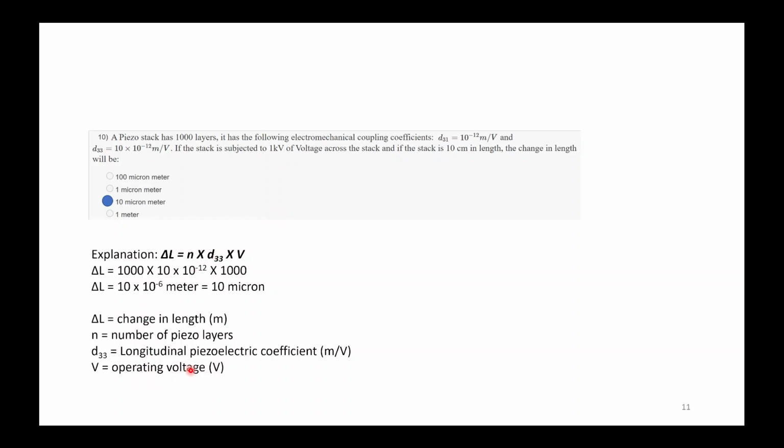So we can put in the values of all these three and obtain delta L. N is 1000, D33 is 10 times 10 to the power minus 12, and V is 1000 volts. So the answer will be 10 times 10 to the power minus 6 meter, or 10 micrometer.